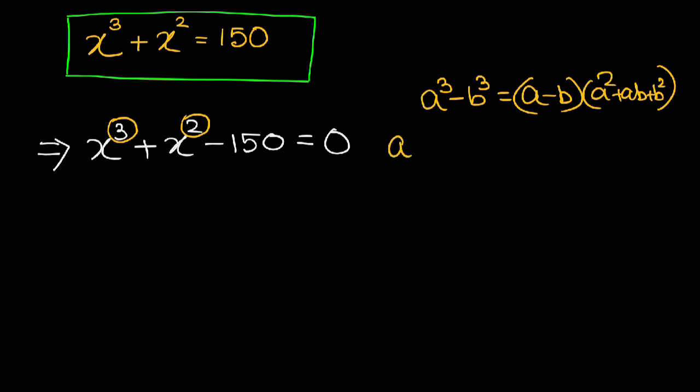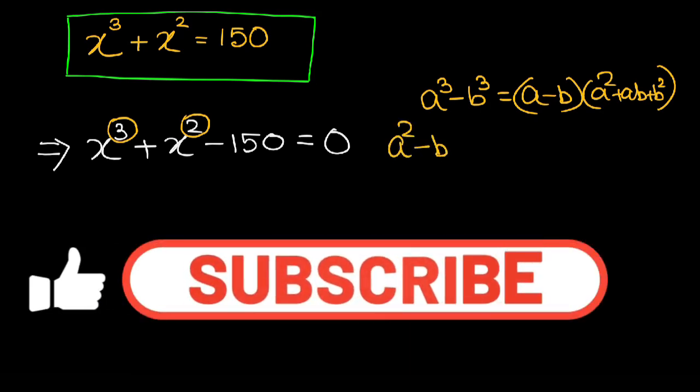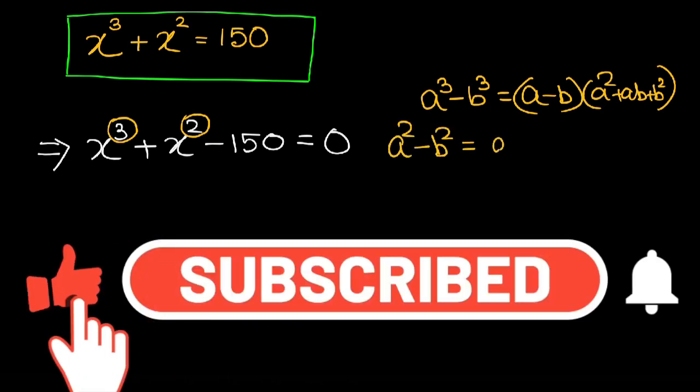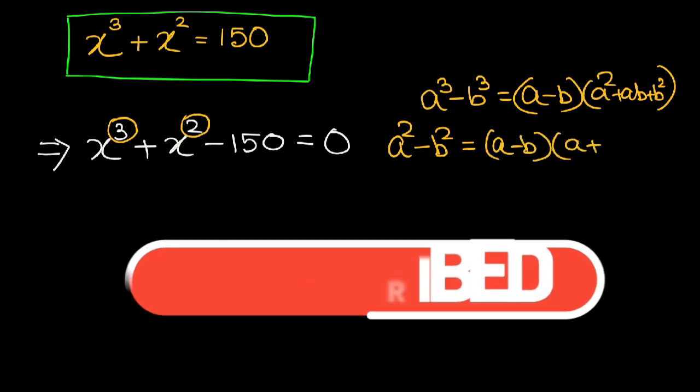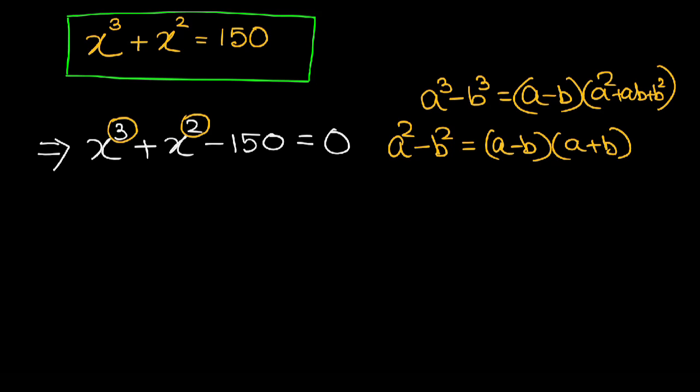Similarly, a square minus b square is equal to a minus b multiply with a plus b. Now, as you can see, this x cube represents this a cube and this x square represents this a square. But there is no b cube present and also there is no b square present in this equation.